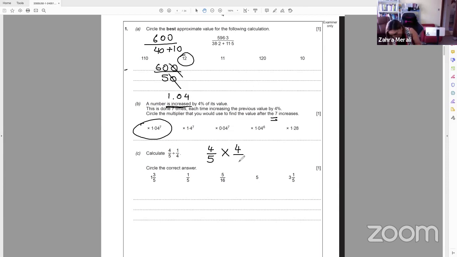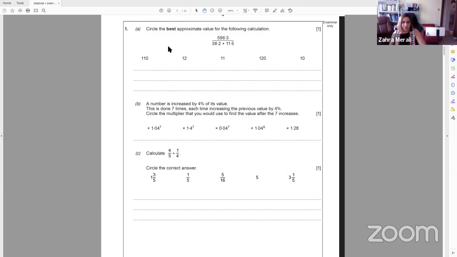So we'll get 4 over 1. So 4 times 4 is 16. And we've got 16 over 5. Now that's more than 1. So how many 5s in 16? Well, we've got 3. And so we can immediately go there. 3 and 1/5.